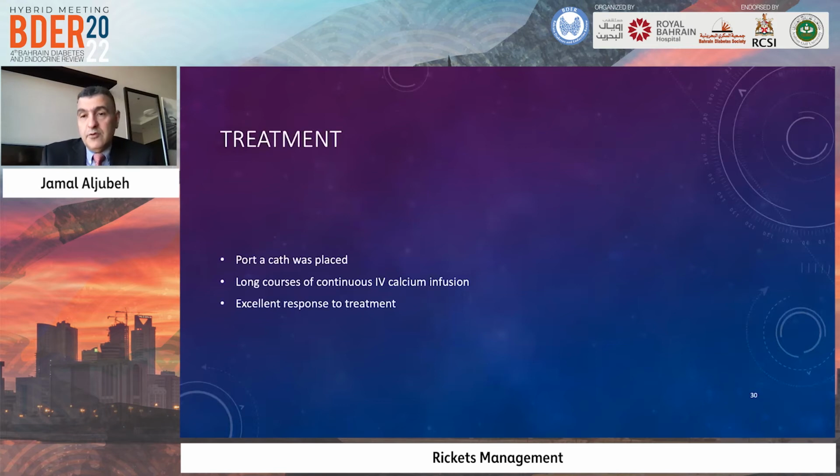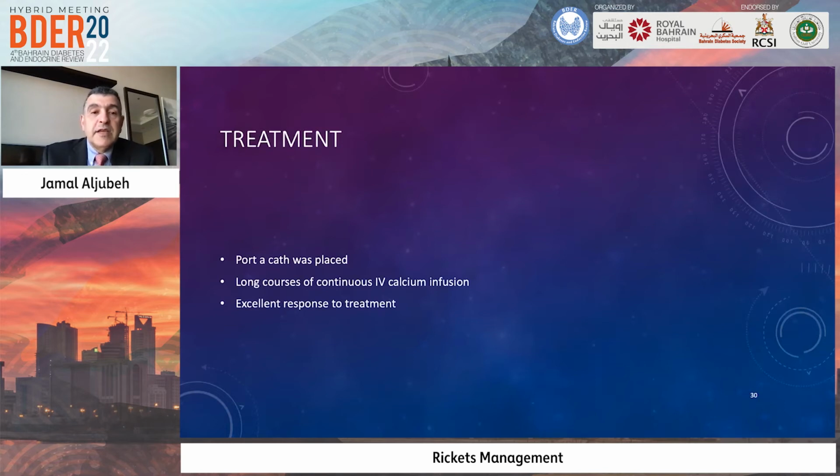The treatment for this kind of case is not very easy. These patients will not respond to normal treatment with oral calcium and vitamin D. These patients, especially with this severity, will need continuous calcium infusion for long periods of time.